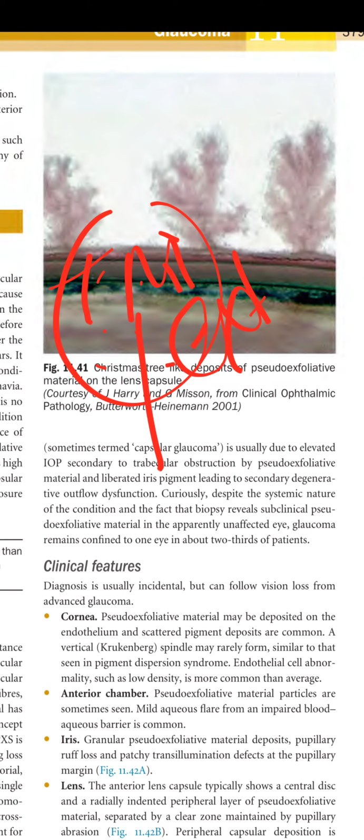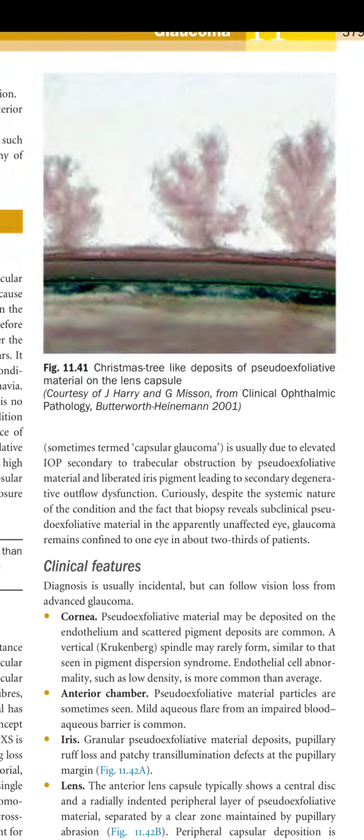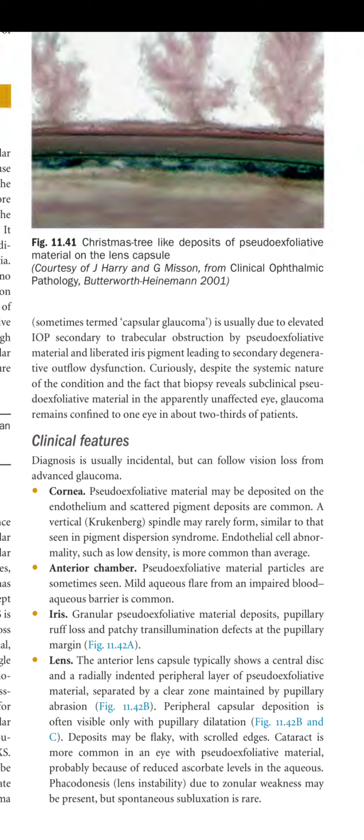Curiously, despite the systemic nature of the condition and the fact that biopsy reveals subclinical pseudoexfoliative material in the apparently unaffected eye, glaucoma remains confined to one eye in about two-thirds of the patients. So it is usually unilateral glaucoma, despite the condition tending to be bilateral. Clinical features: diagnosis is usually incidental but can follow visual loss from advanced glaucoma.